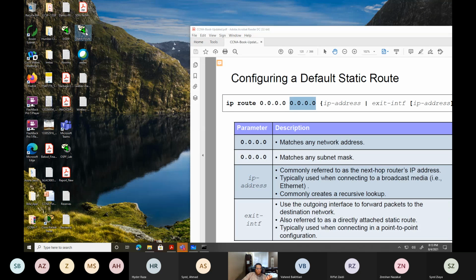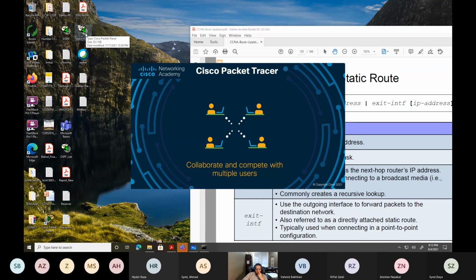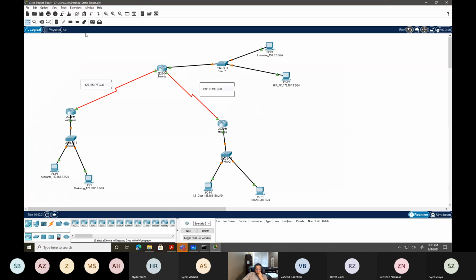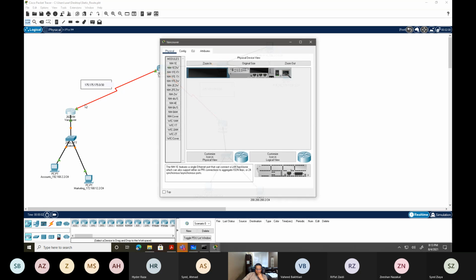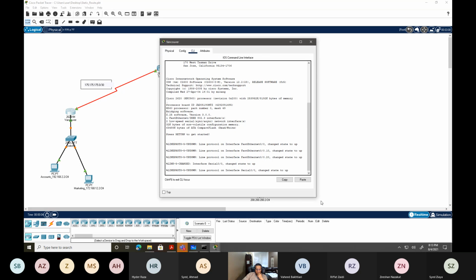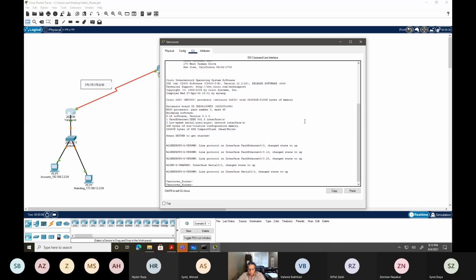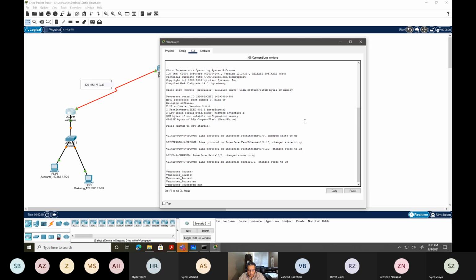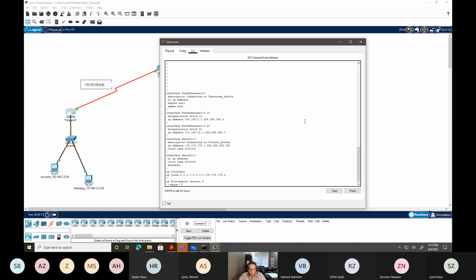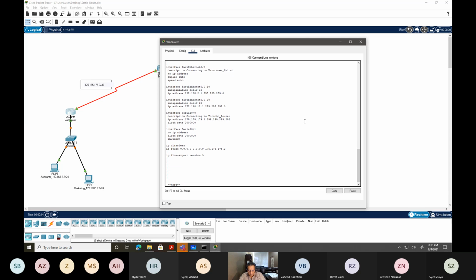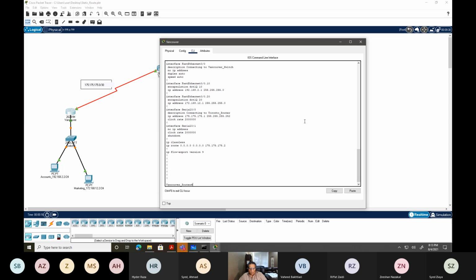Now, if I close this and open my static route, let me see if I have static routes here. Okay, here we go. Now look at this, guys.